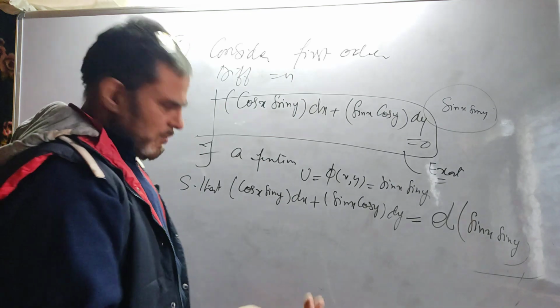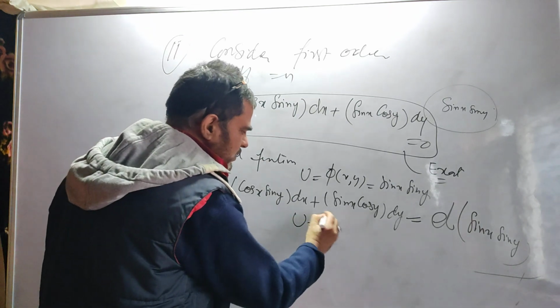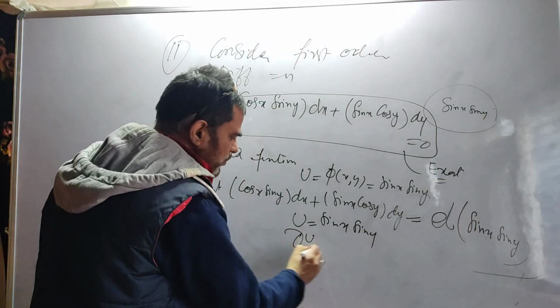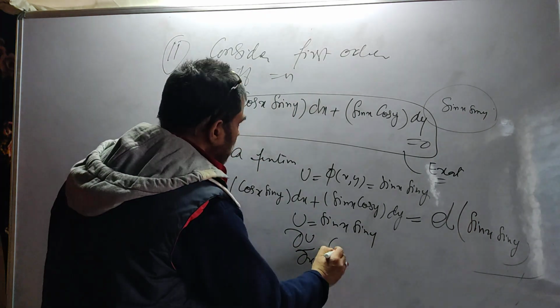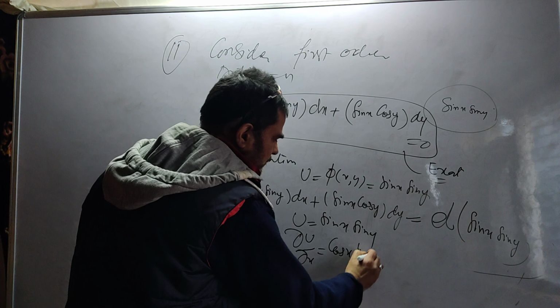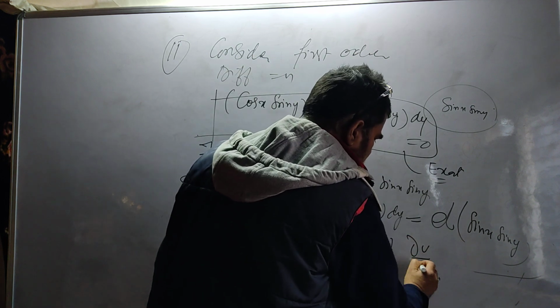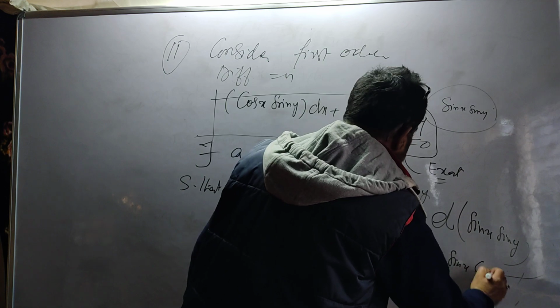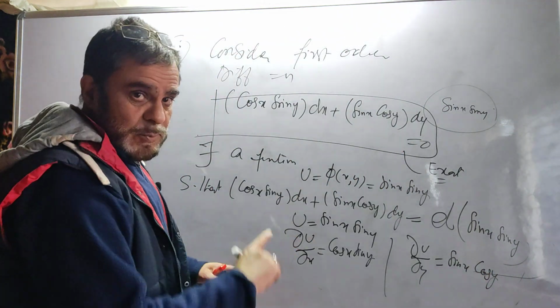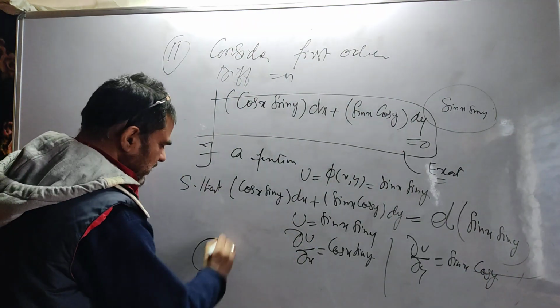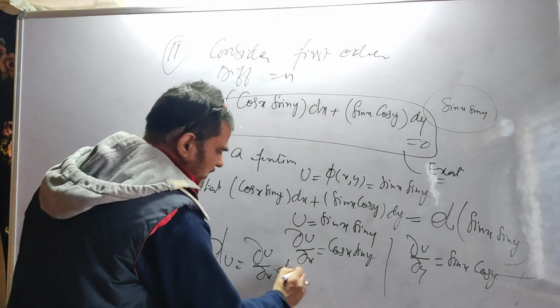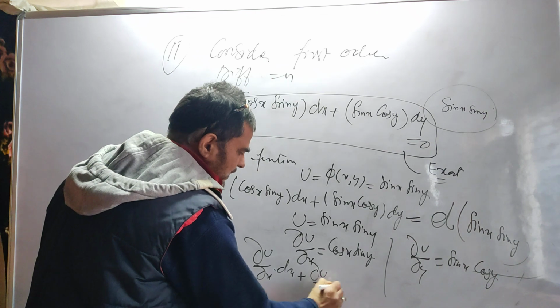You know, if we take u = sin x sin y, you will get the partial of u with respect to x as cos x sin y. You will get the partial of u with respect to y as sin x cos y. So when you use the total differential formula, du is ∂u/∂x dx + ∂u/∂y dy.